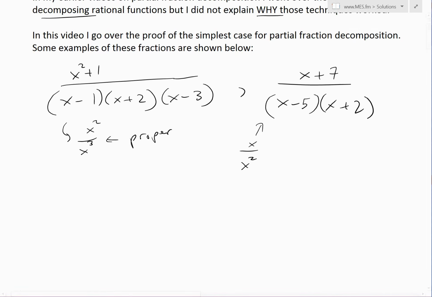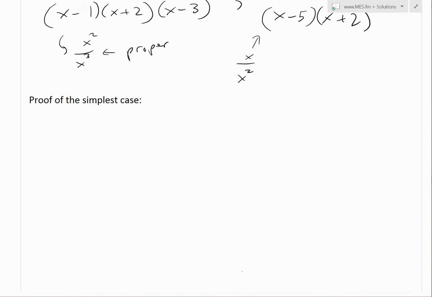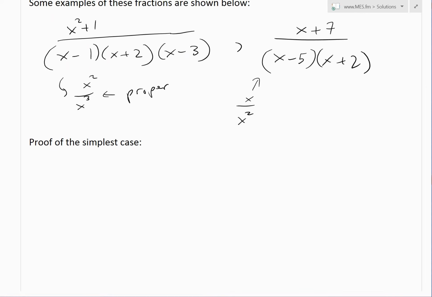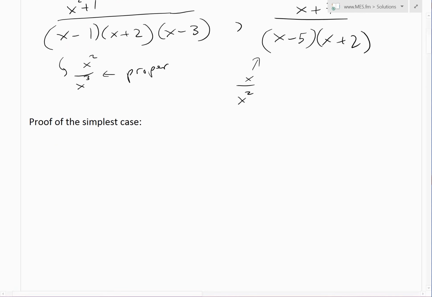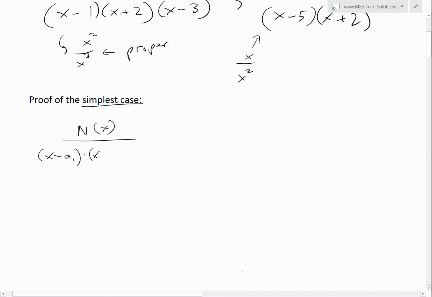So now in proving this simplest case, we first have to write this down to account for all of these variations of x squared plus 1, x plus 7, etc. So the simplest case is basically having to show that we can split up this: n of x, which is a polynomial, over x minus a1 times x minus a2, and you keep doing this, all the way to x minus a d.